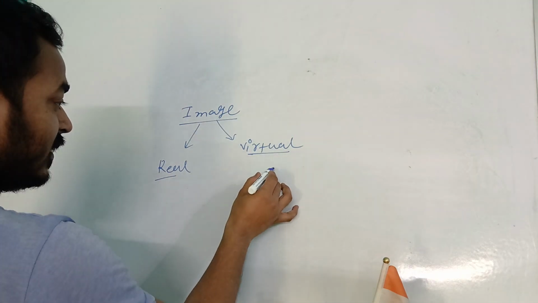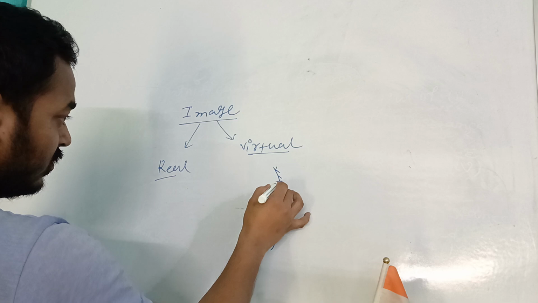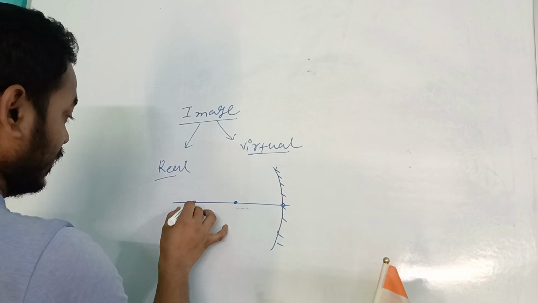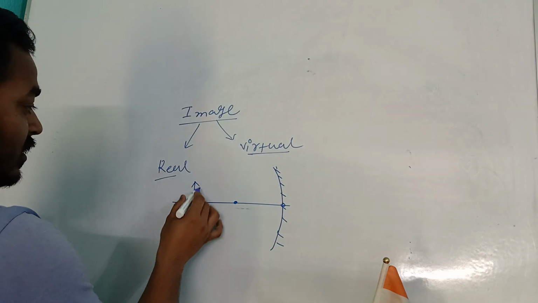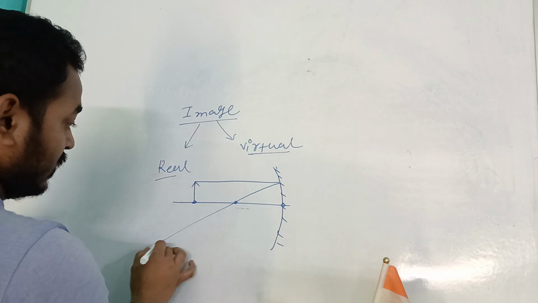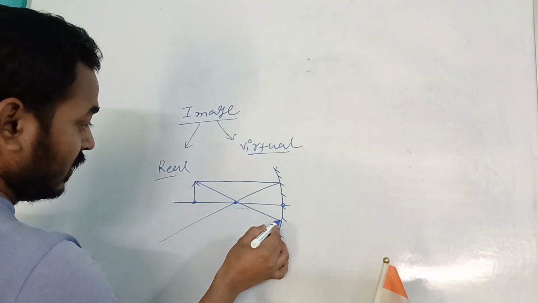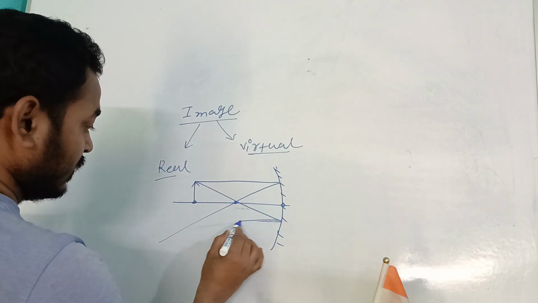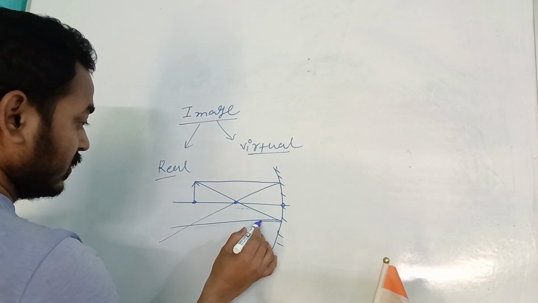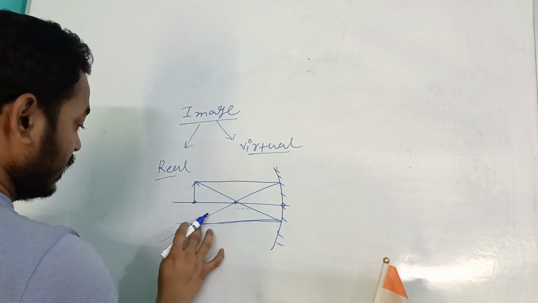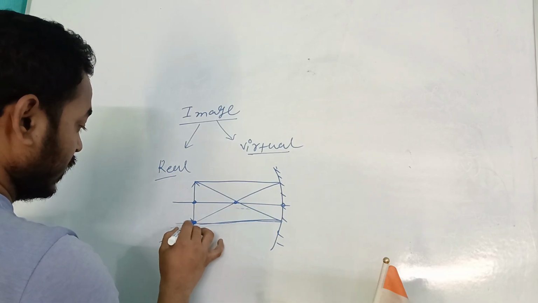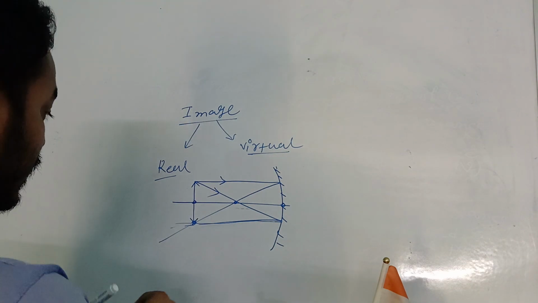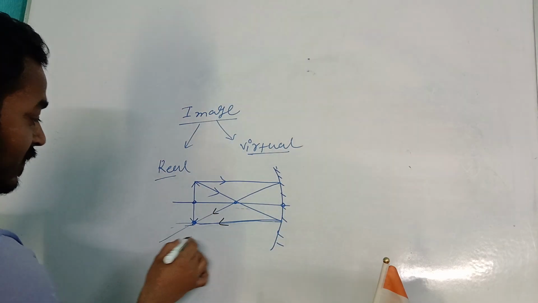For example, I'll discuss it now. So this is the mirror with the principal axis, pole, focus, and center of curvature. I am placing the object here. I am taking one ray, and another ray, and it is reflecting like this, and I am getting the image point here. See, this is the incident ray, it is also an incident ray, and they reflect, so these are the reflected rays.